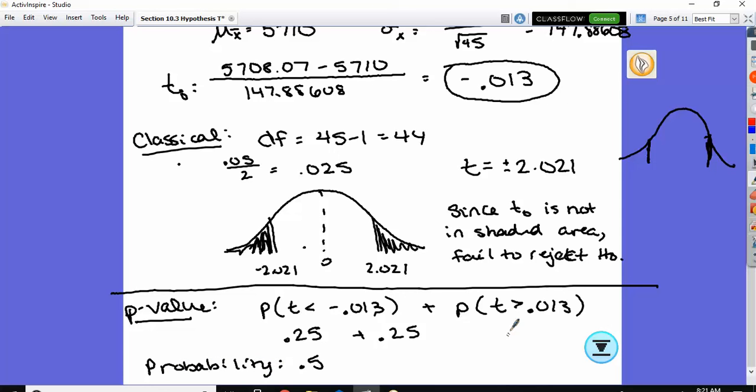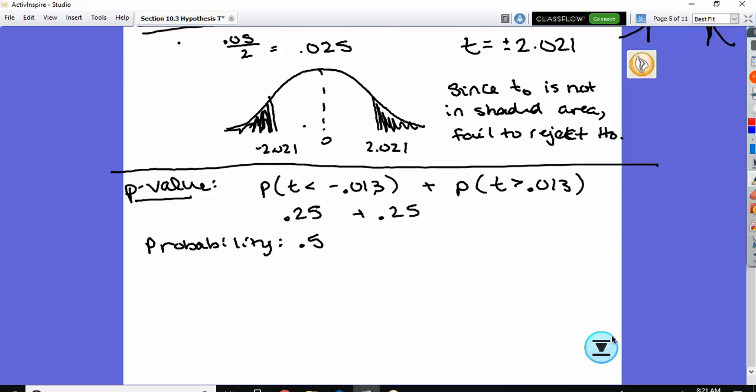Now, again, is that accurate? No, we were pretty far off. This is the best guess we can get from our table. Remember, in general, we reject if the probability is smaller than alpha. Since my 0.5 is greater than alpha, that means you fail to reject.